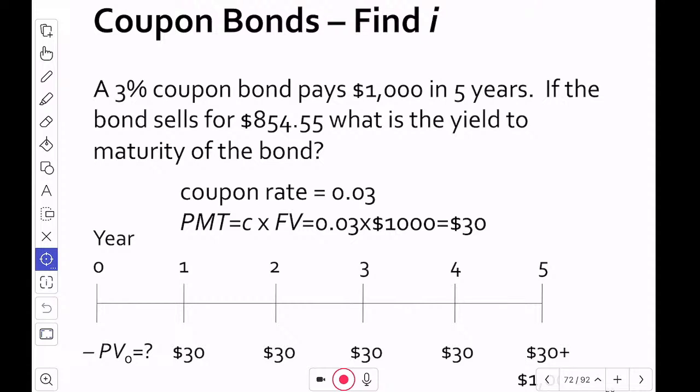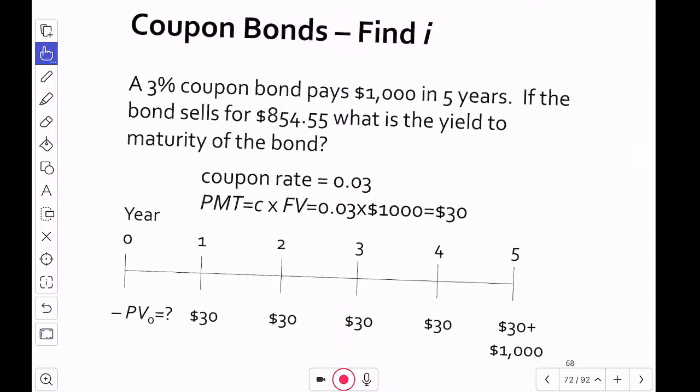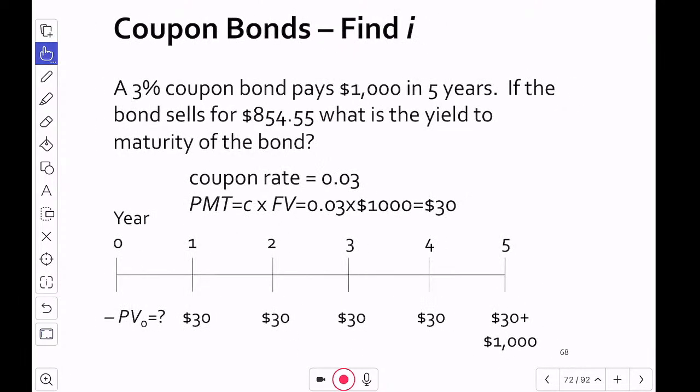Now here's a bond that is, you're told, a 3% coupon bond which pays 1,000 in 5 years. So these are the terms of the bond. So let's say the bond was currently selling for $854.55.